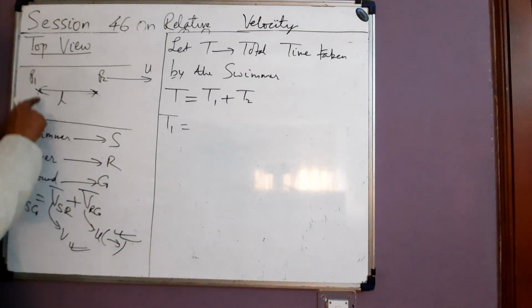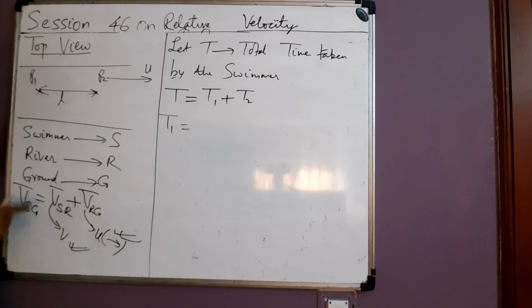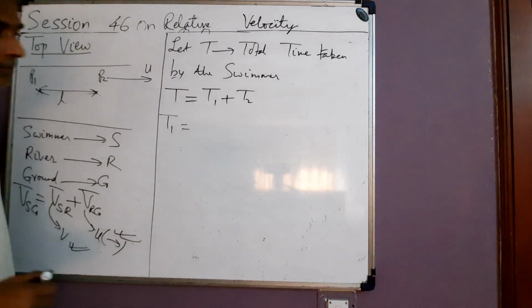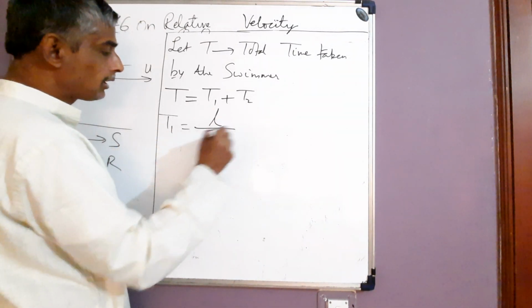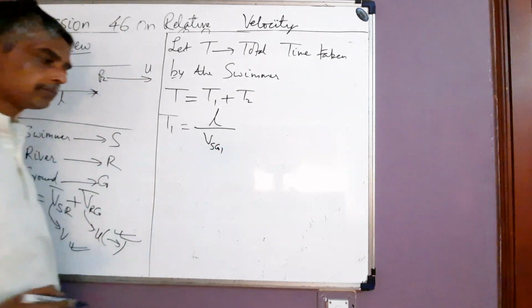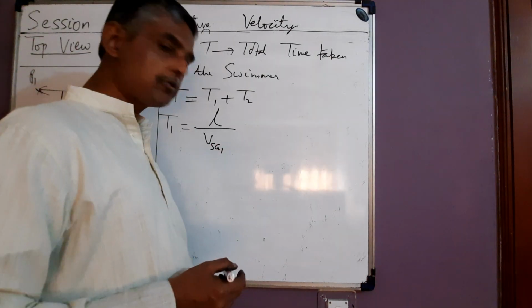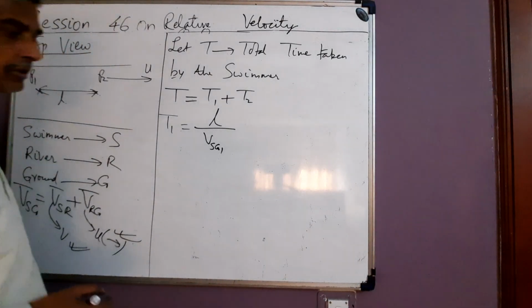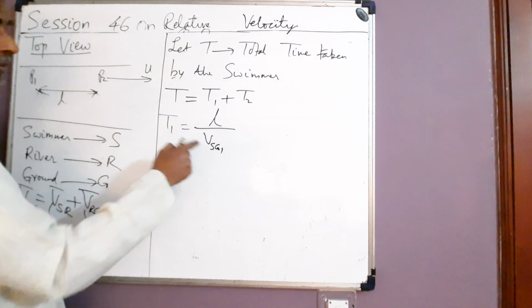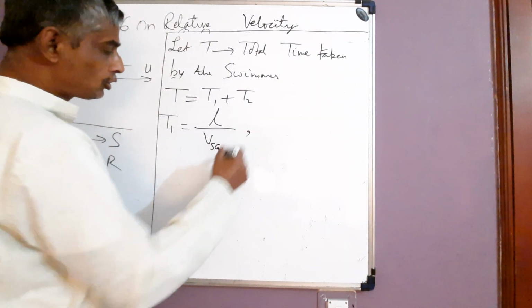So with respect to ground frame, swimmer covers a distance L at a constant speed of say VSG1. So T1 will be equal to L by VSG1. Now what is VSG1? VSG1 is the speed of swimmer with respect to ground while swimming from P1 to P2. Now how to find VSG1?